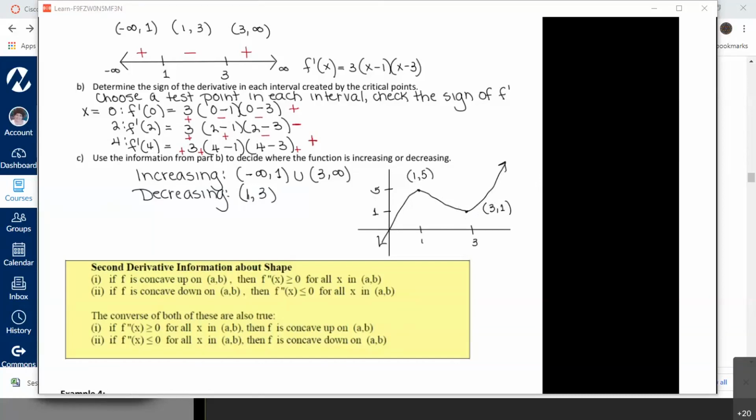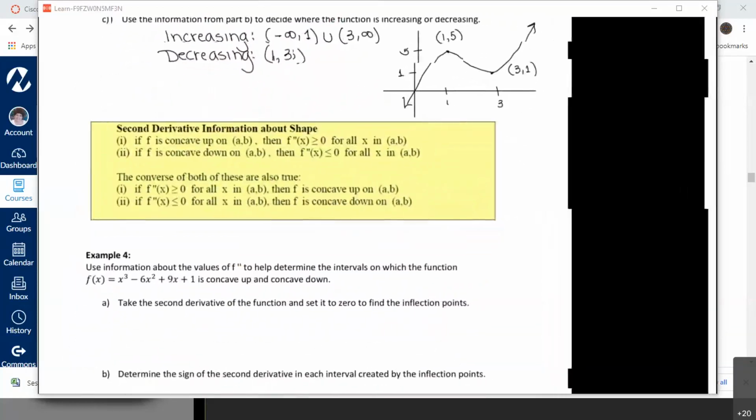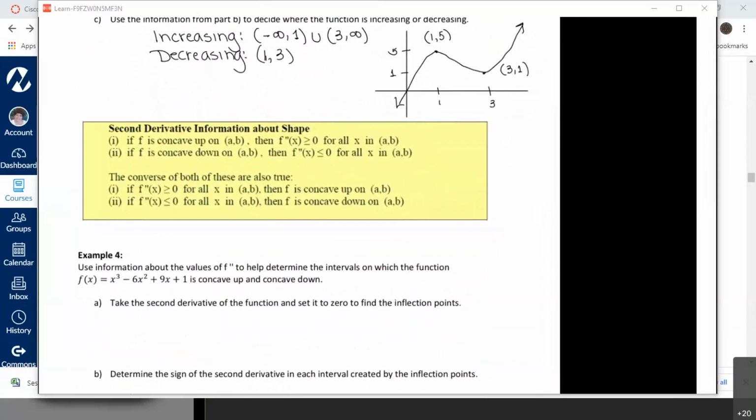Okay. Well, let's talk about the second derivative then. And what does that tell you? Remember the second derivative talks about concavity. First derivative is increasing, decreasing. Second derivative is concavity. So again, if your function is concave up, your second derivative, 2 plus signs, is positive, right?